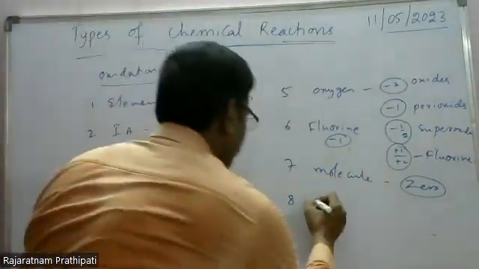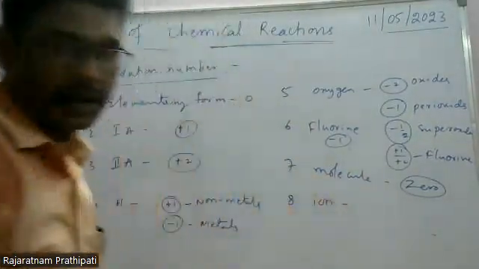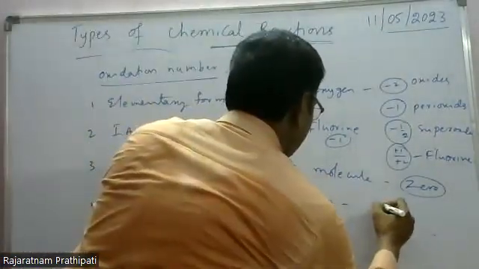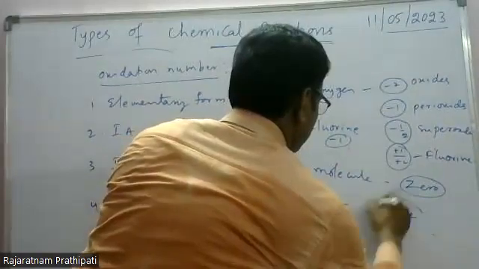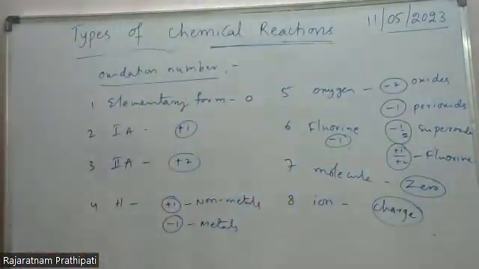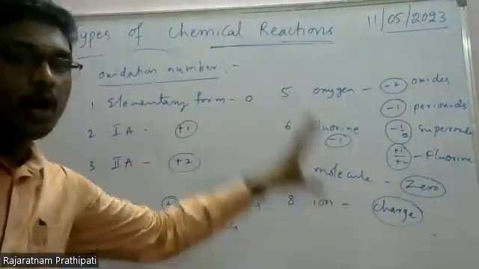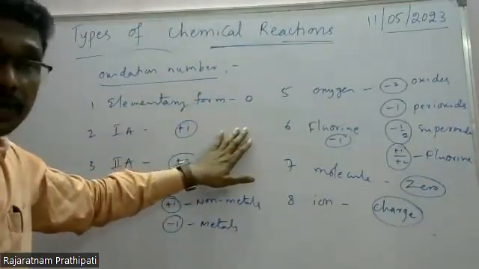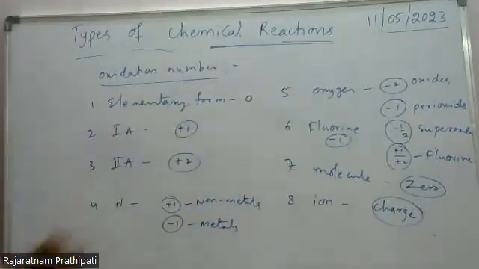In the case of an ion, the sum of the oxidation states is equal to its charge. Is it clear? These are the rules to determine the oxidation state of elements in their compounds.